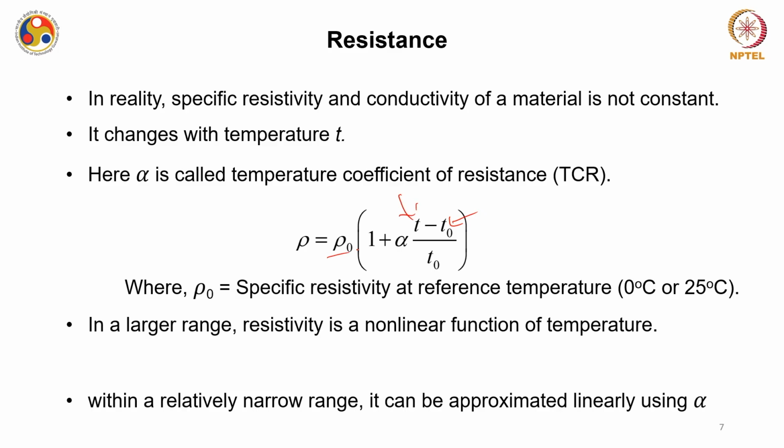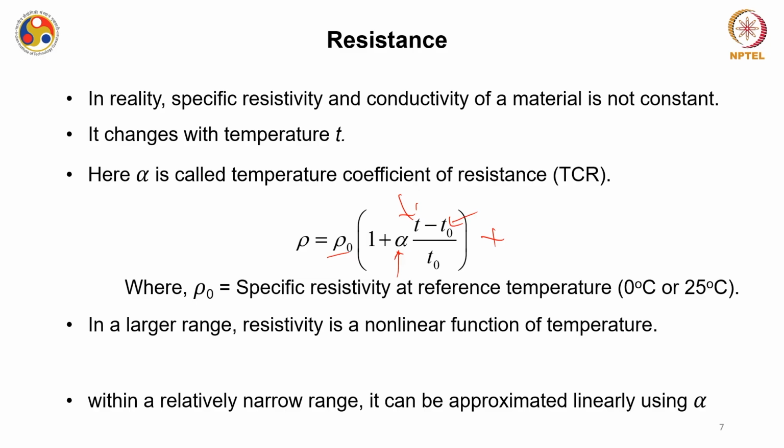Rho naught is the specific resistivity at a reference temperature, okay, and alpha is known as temperature coefficient of resistance, or we call it TCR, okay. So rho is equal to rho naught into 1 plus alpha (T minus T naught) by T naught, okay.